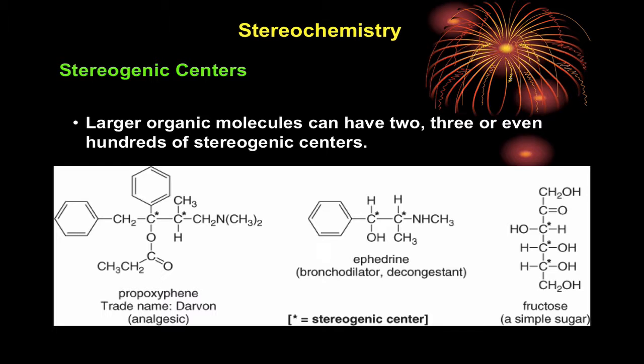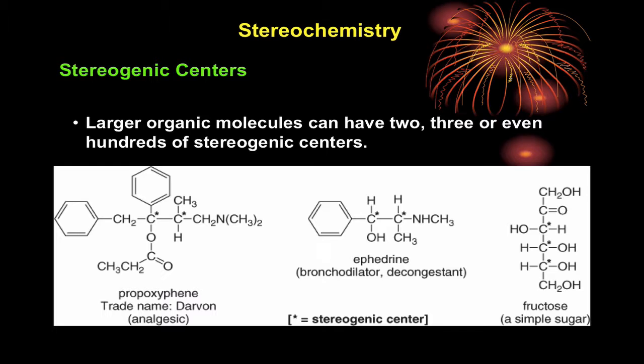Now, this particular molecule has 2 stereogenic centers. So it may or may not be chiral, right? But it still has 2 stereogenic centers because this carbon atom is bound to 4 different things. What's it bound to? A methyl group, this group, which is clearly different than a methyl group, a hydrogen, and then this whole thing.